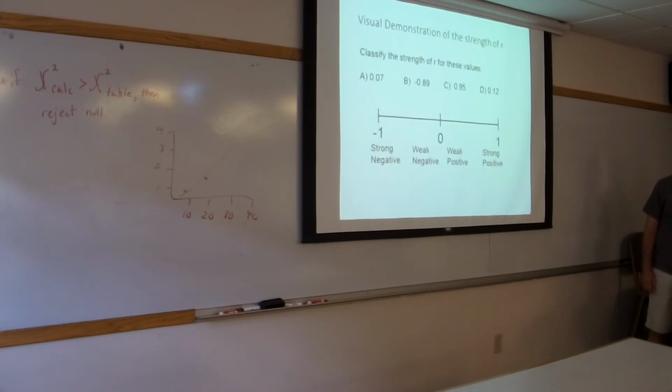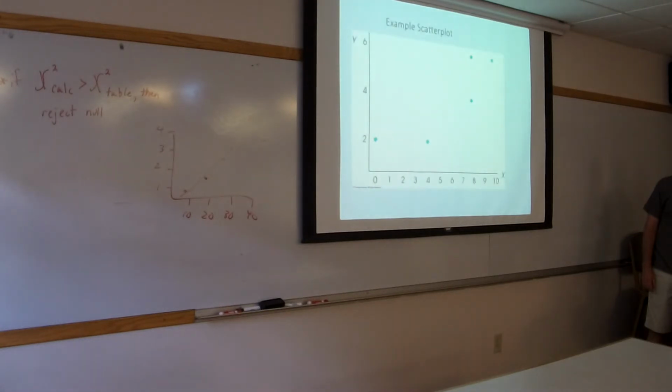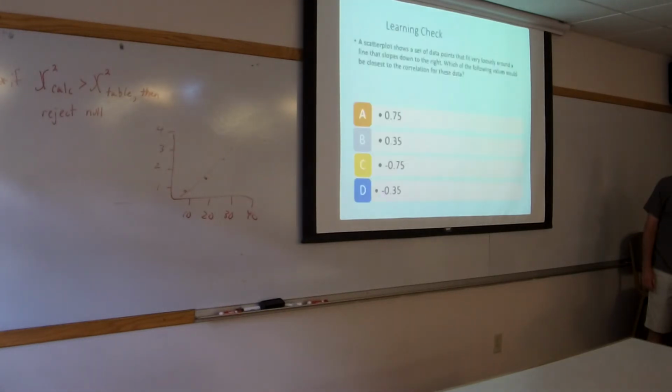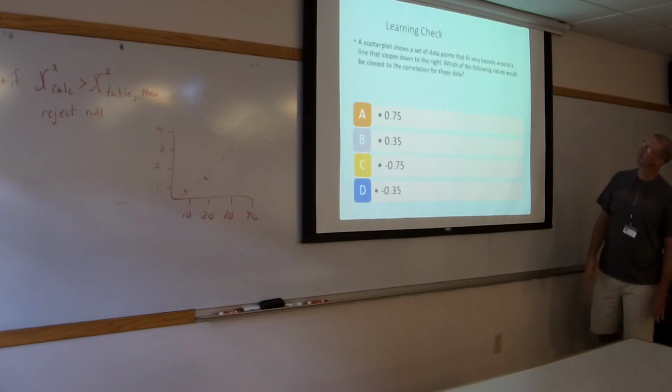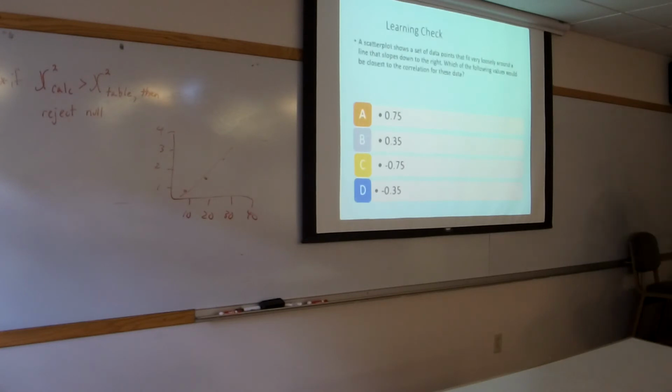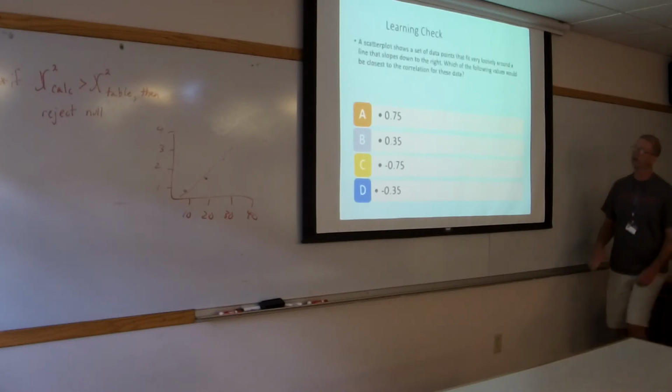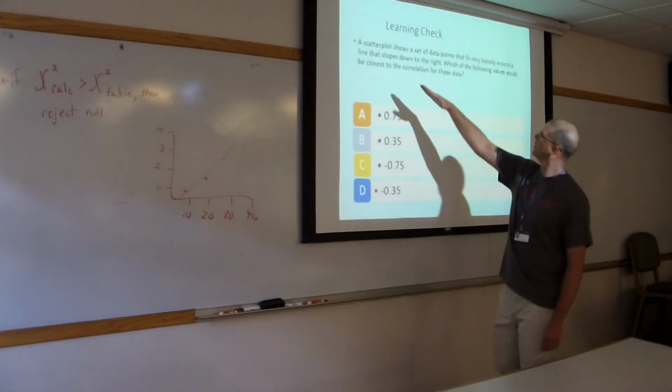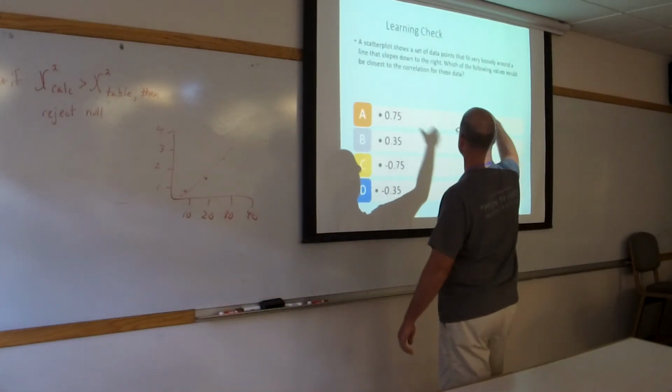We'll talk about R squared in a second, and then there's actually a table that you can use. The words can get a little confusing when you don't have a picture. A scatter plot shows a set of data points that fit very loosely around a line that slopes down to the right. So they're loose, and it slopes down to the right.